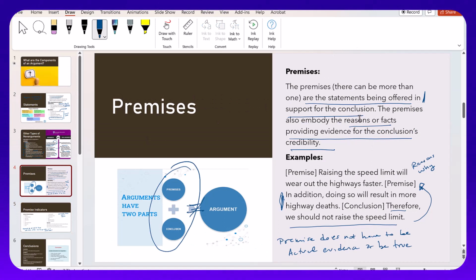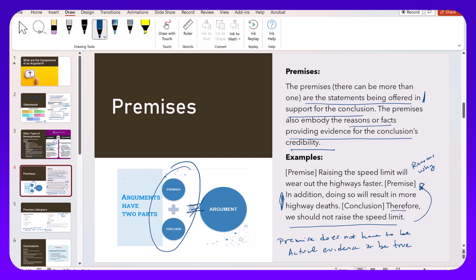the premise is the statement being offered in support of the conclusion, right? So if I said genetic modification of food is risky business, therefore genetic engineering, blah, blah, blah, it should come up and be like, well, that doesn't actually support what I was thinking might be the conclusion. That doesn't make sense.